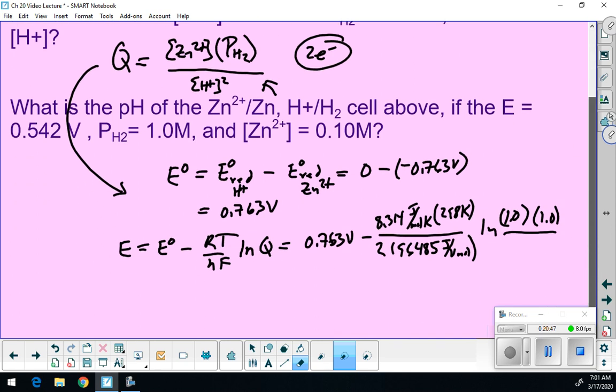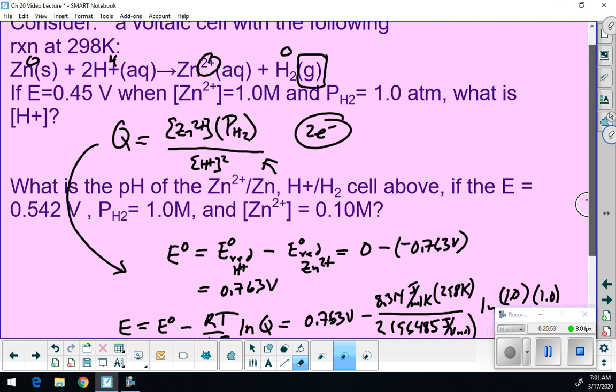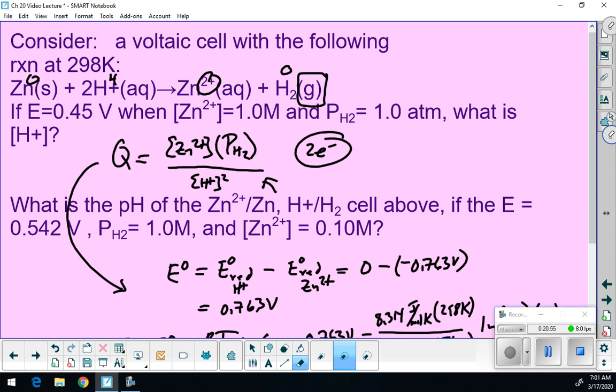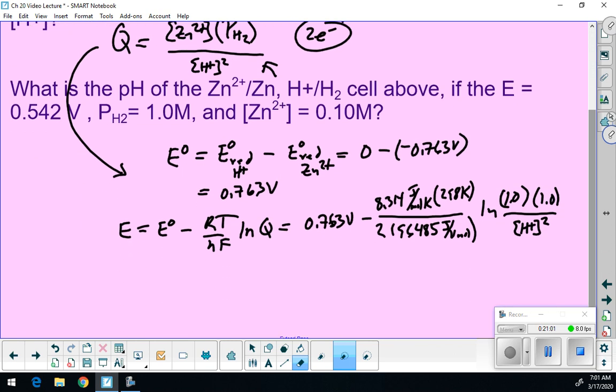I didn't read the question. H plus squared, right? What did they do, those donkeys? They gave us my E. Ah! That means I have to do some math. How dare they? So that means this is 0.45 volts.